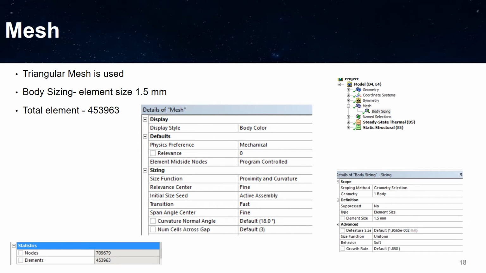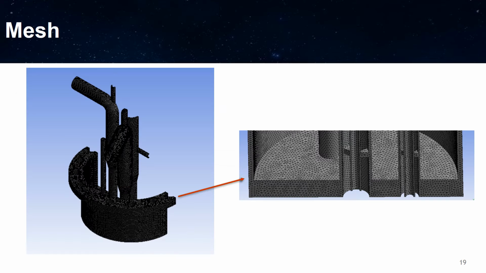So let's look into the mesh. The mesh I used is a triangular mesh with a body sizing of 1.5 millimeter elements. I kept the relevance to be 0, the relevance center to be fine, the span angle center to be fine for finer meshes, and I ended up with around 450,000 elements for this simulation.